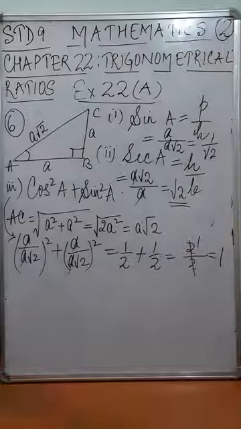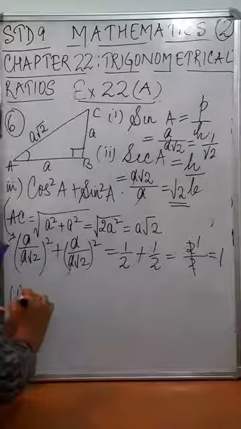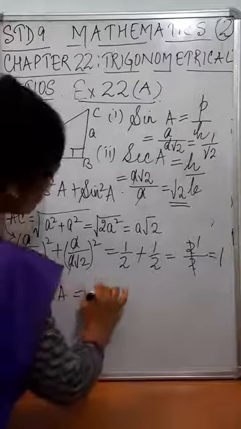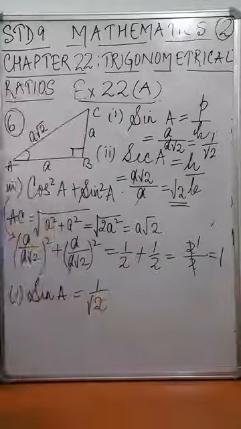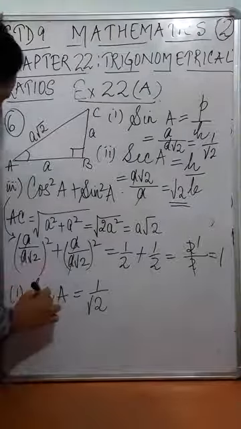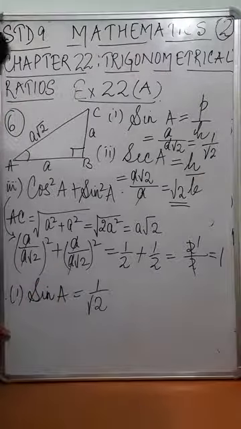Now I had told you the first part, if you want to simplify. So sine A is 1 by root 2. To write it in the simplest form, if you remember, we had learned rationalization of the denominator.